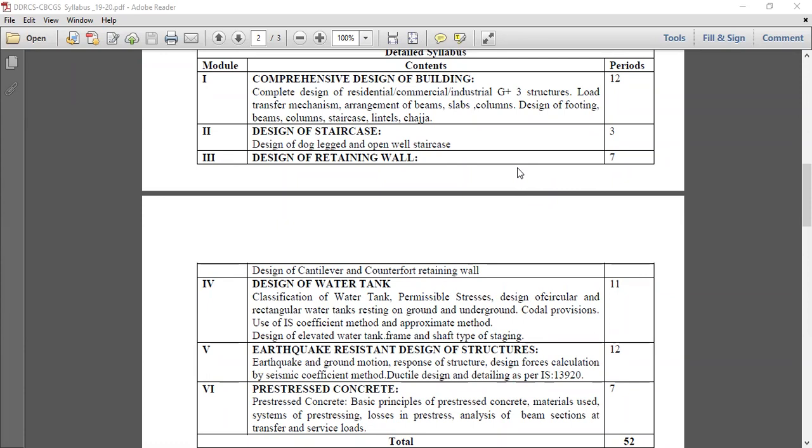The first part is general requirements. IS 3370 part 1 is of general requirements, and part 2 is for reinforced concrete structures, part 3 deals with pre-stressed concrete structures, and the last part, part 4, deals with the design tables. Is this clear, everyone? So basically there are four parts of IS 3370.